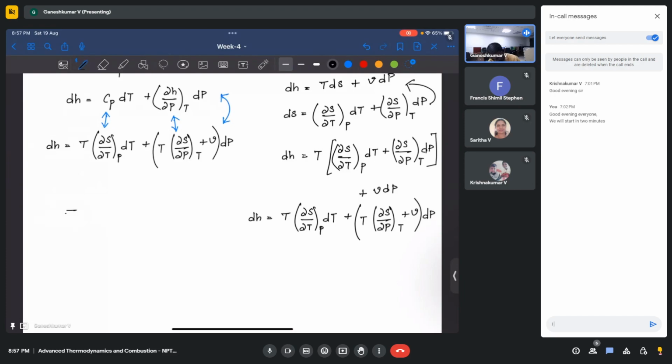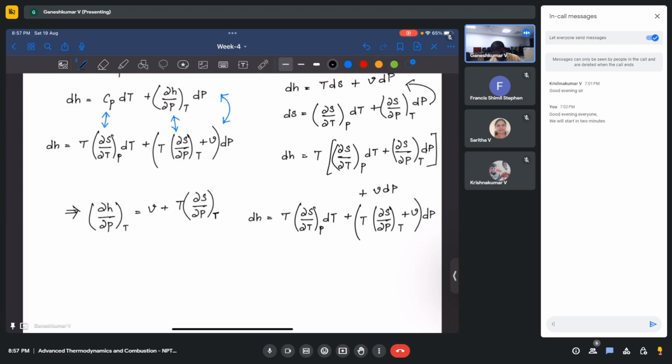So let's use this knowledge. ∂H/∂P at constant T is nothing but V plus T times ∂S/∂P at constant T.